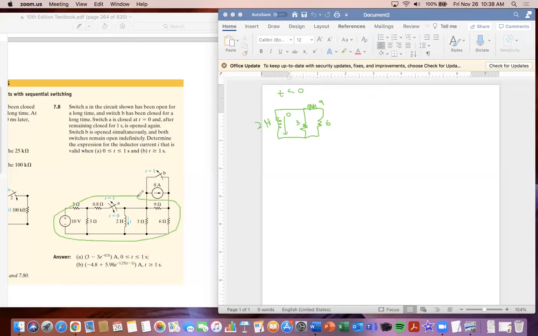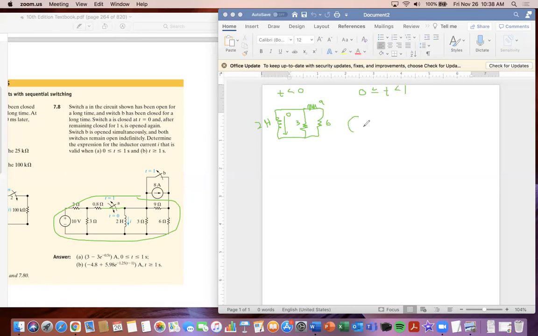So here we go. At time equals 0, this becomes shut, and therefore there's a source now connected, and some current's going to be going through here. So let's look at that interval, 0 to 1, and I'm not going to include 1 in here.